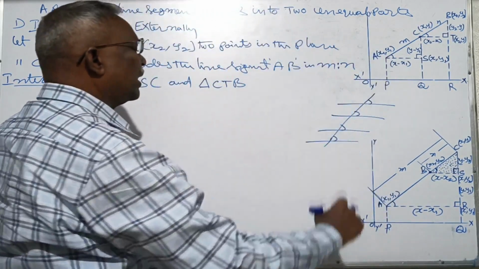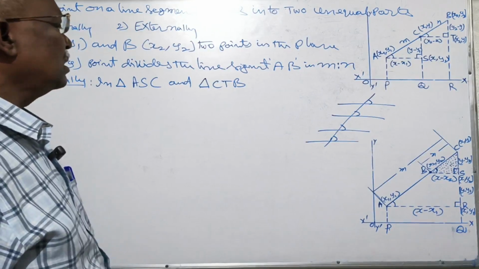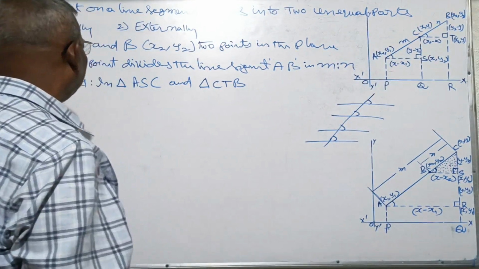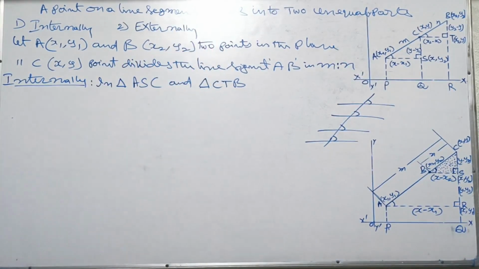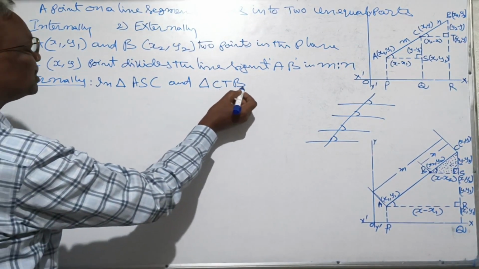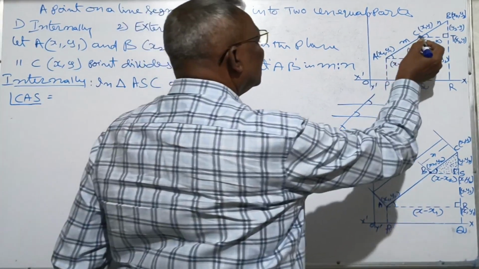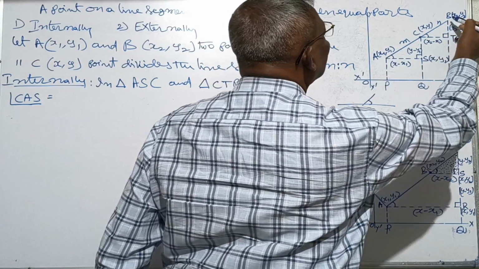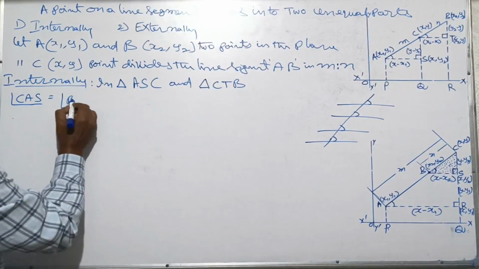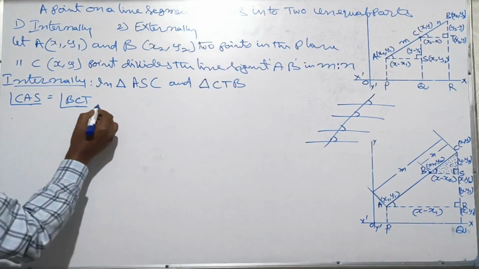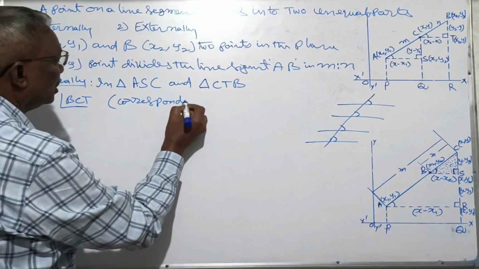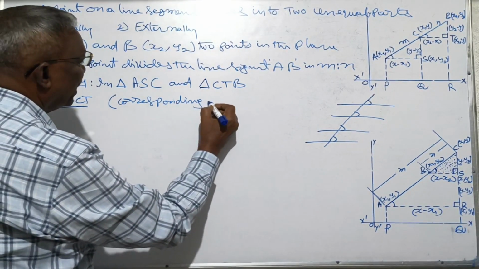So in triangle ASC and triangle CTB, angle CAS is equal to angle BCT, corresponding angles.